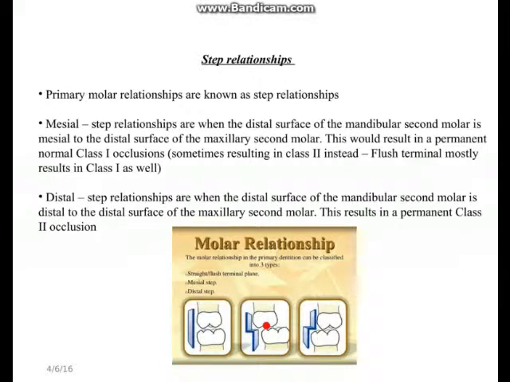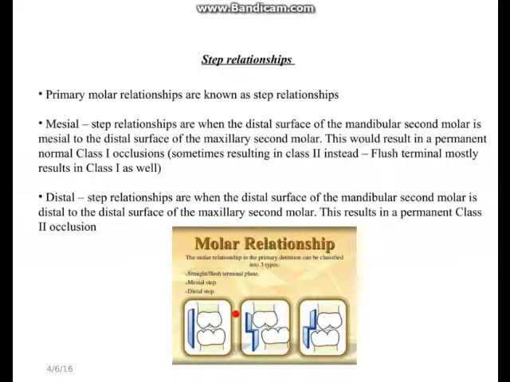If we really go by the books exactly and forget what happens clinically, the straight flush terminal plane over here results in class 1 typically. Mesial step results in class 2 and distal step results in class 3.